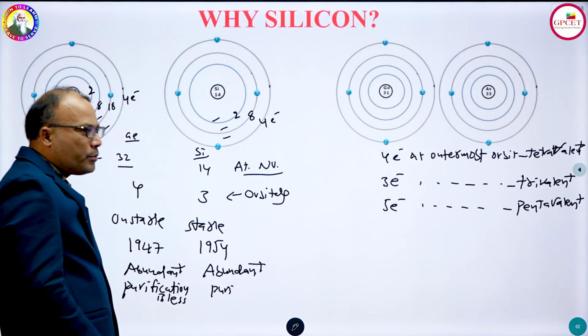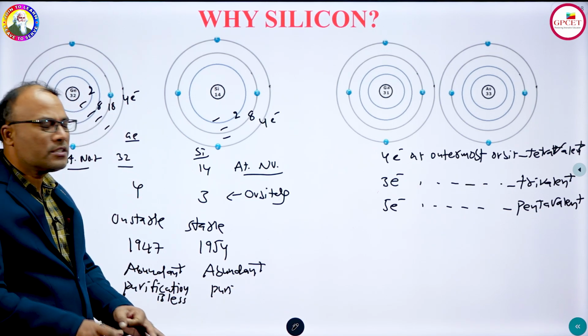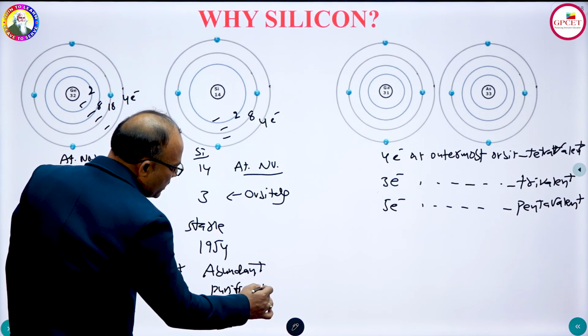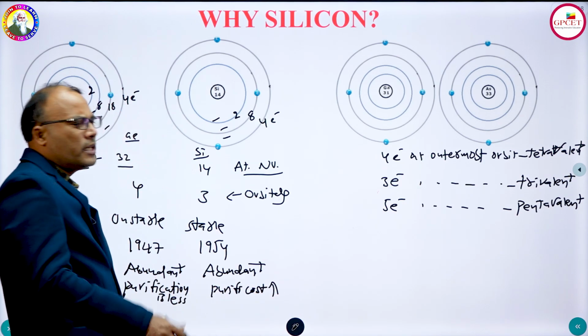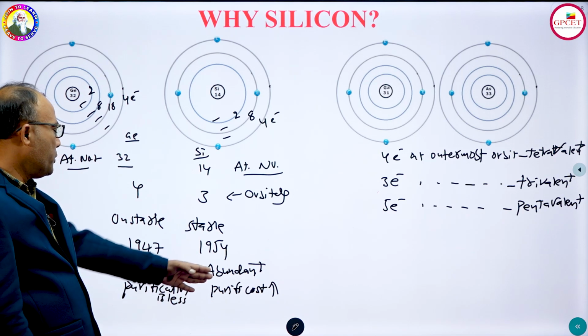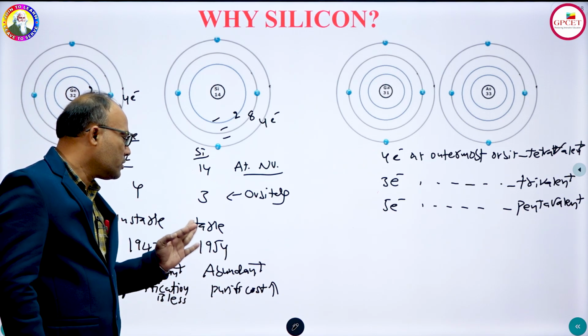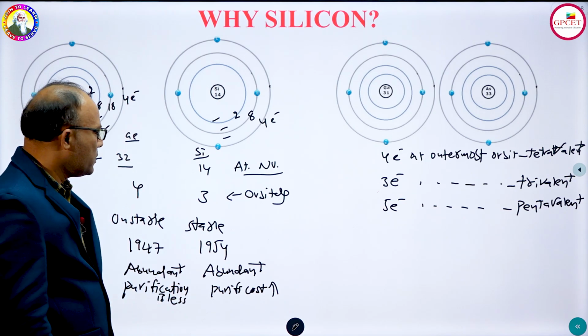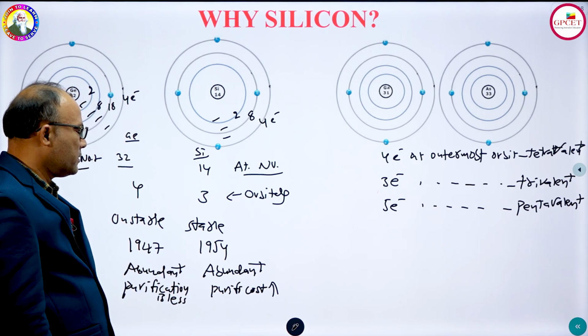If you want to get pure silicon material, its cost is very, very high. But even though the purification cost is high, it is stable. So that's why it is best to use as the semiconductor in electronics and communications and in electronic devices, right?